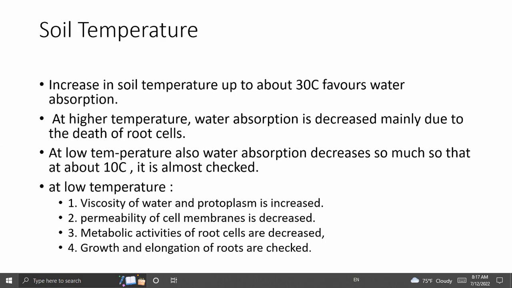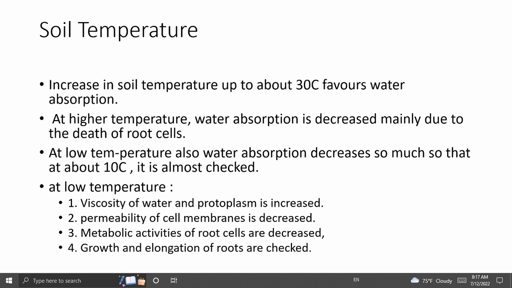Then soil temperature. This is a must. In general, up to 30 degrees centigrade, water absorption increases. If it increases more than that, what will happen? The cells will die. Therefore, higher temperature is also not good for water absorption.